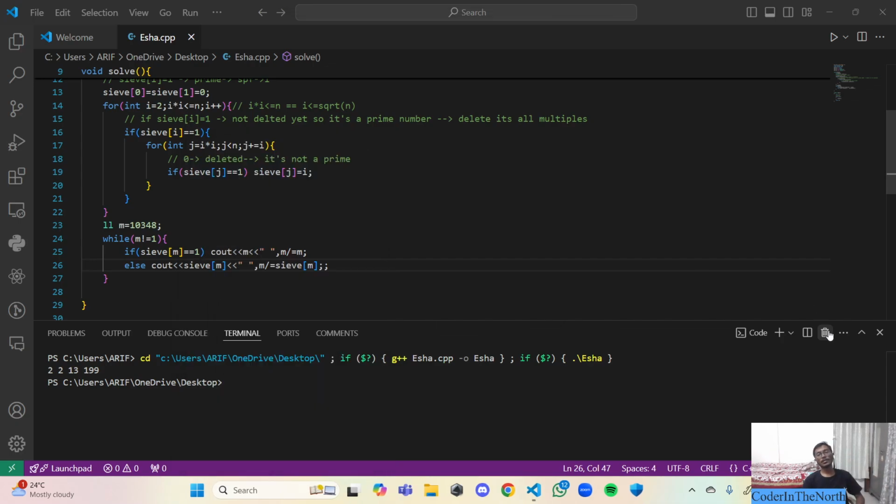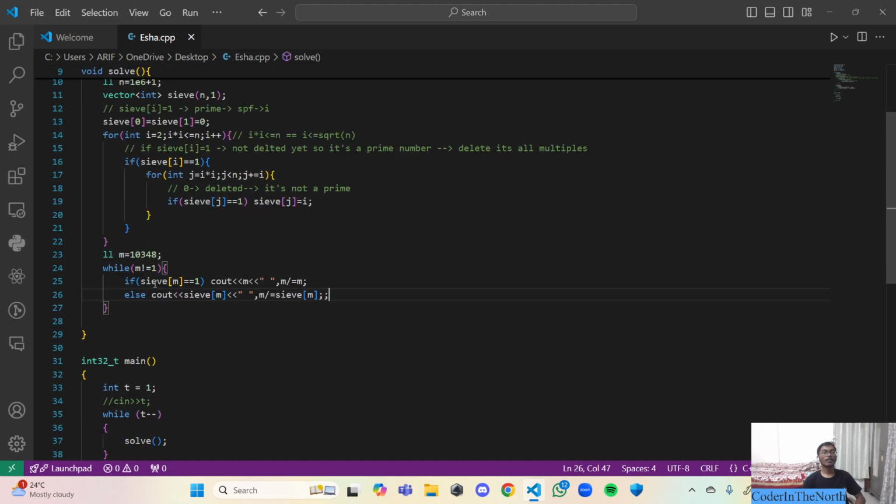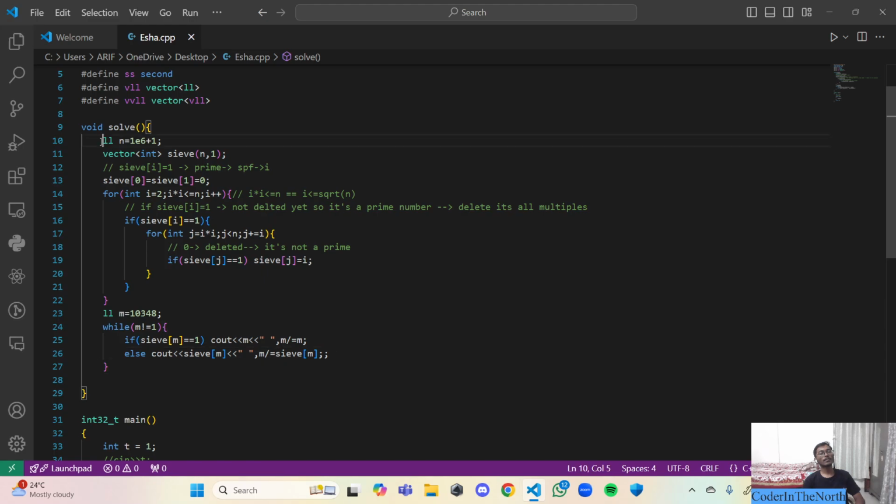So this is actually the application of SPF. With SPF, we can now efficiently get any prime factorization from this range. We have SPF till this range.